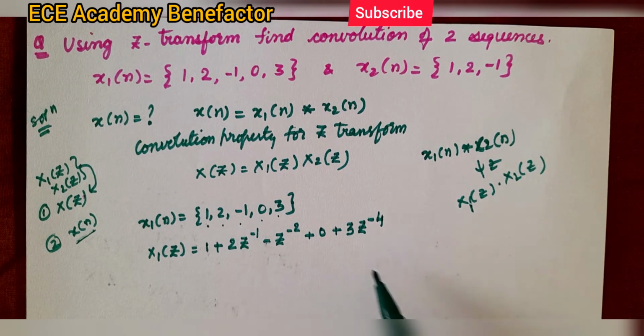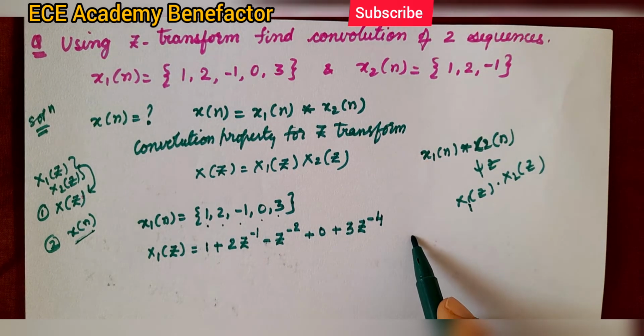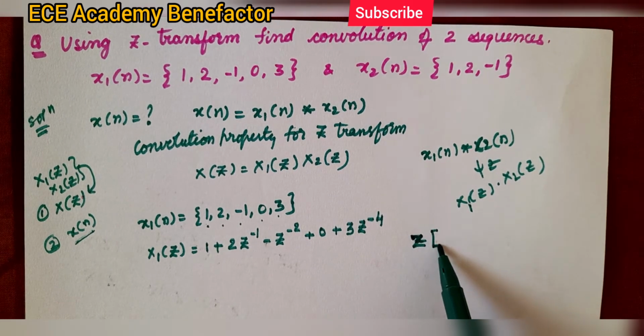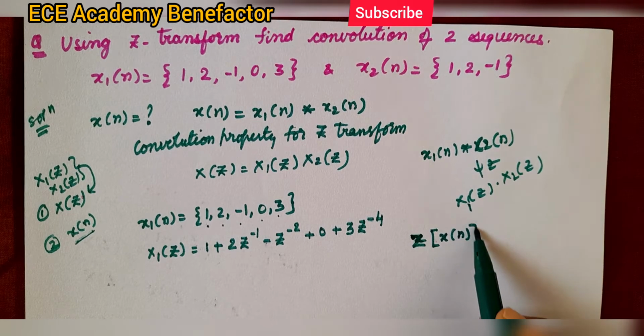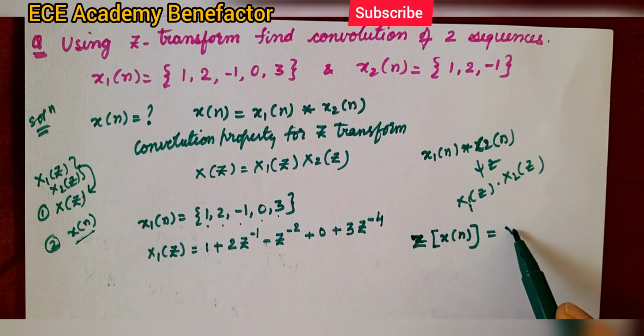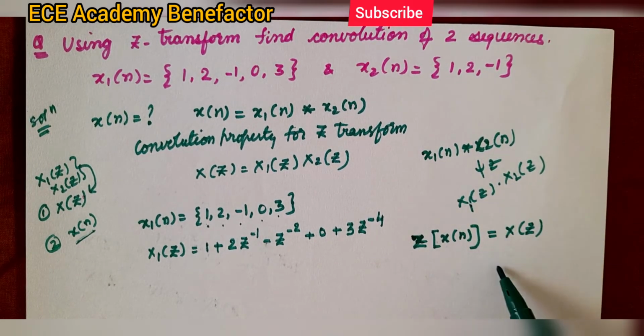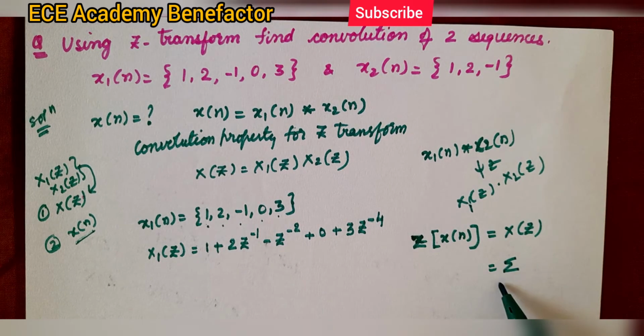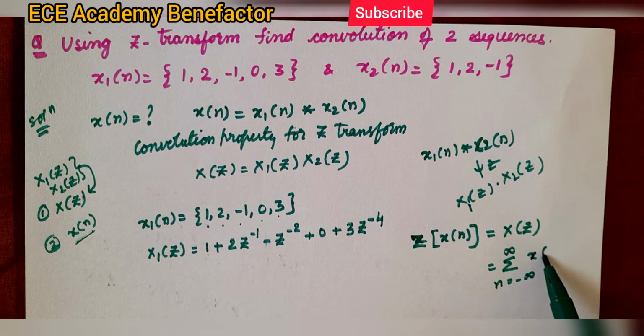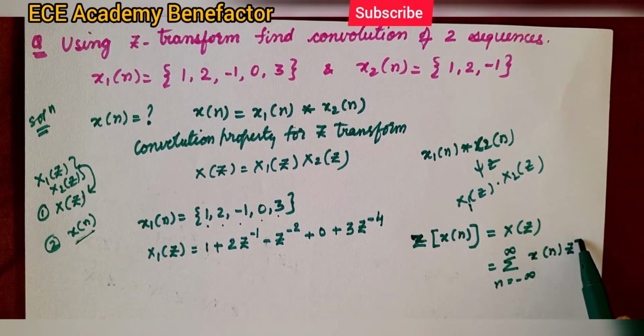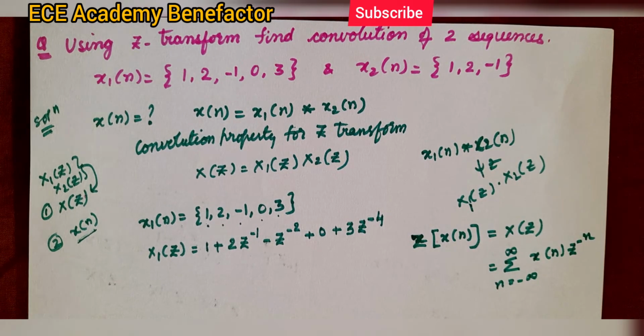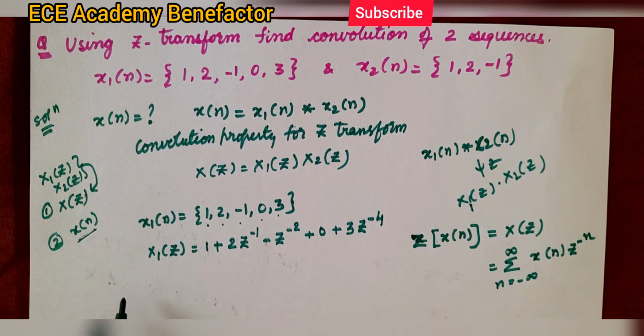We know the formula. Z transform of x of n gives capital X of z. Its formula is summation n is equal to minus infinity to infinity x of n z to the power of minus n. Let me solve the problem.